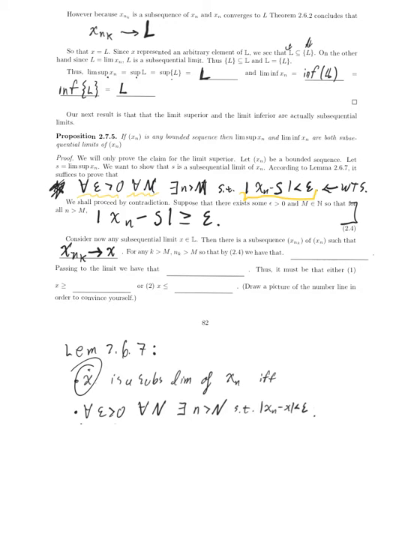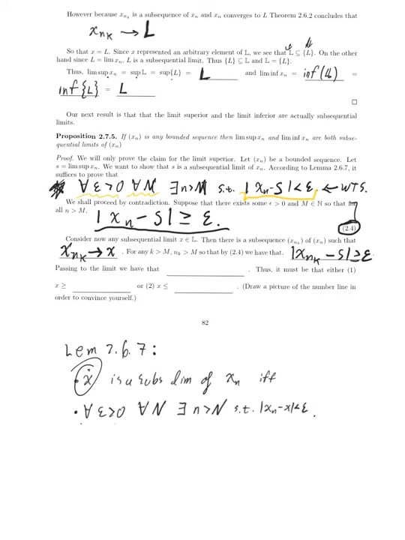Well, that's easy to arrange. I know that n sub k is a strictly increasing sequence, so as soon as k is bigger than big M, n sub k will be bigger than big M. So by 2.4, which is this, I get to conclude that the absolute value of x sub n sub k minus s is bigger or equal to epsilon.